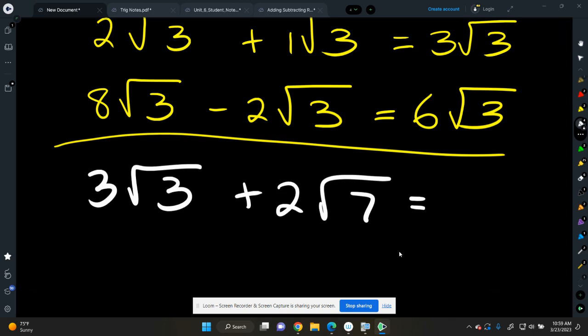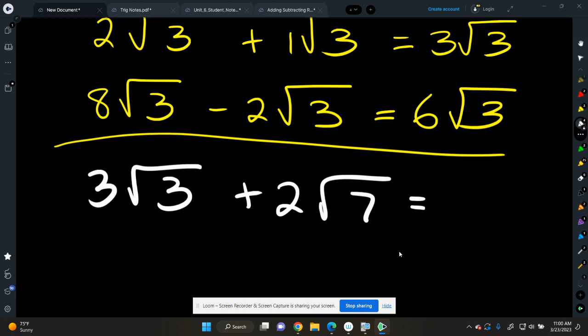Okay, Adriana, I'm giving you 1 root 3, 2 root 3, 3 root 3. How many root 3s do I have? 3. Now I'm going to give you root 7 and another root 7. How many root 7s do I have? 2. Can you tell me what you have in front of you? 3 root 3s, 2 root 7s.